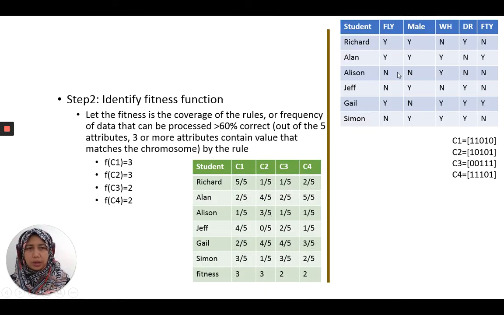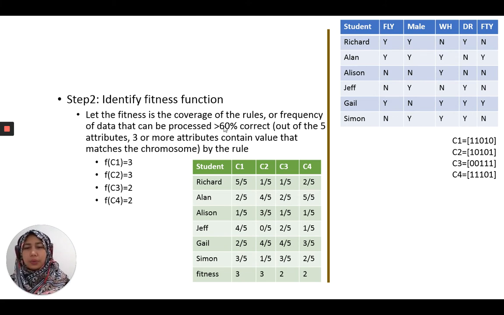And I copied from the previous slide to ease you to continue the process. Then here, the fitness function is based on this. You want to identify the rules that can parse more than 60% correct of the examples. Again, this fitness function is based on your determination.